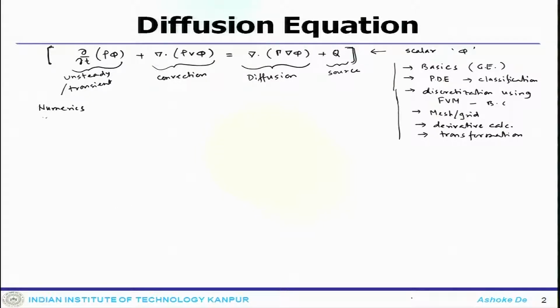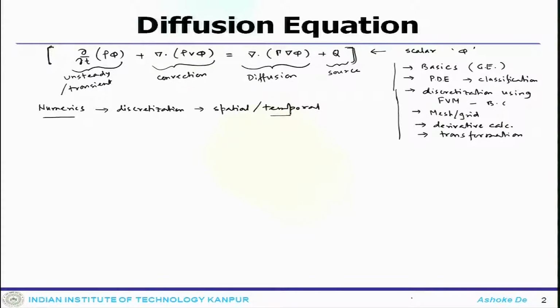Numerics essentially means the discretization, and this discretization could be spatial or temporal. When the governing equation has the unsteady term, the discretization also needs to account for temporal discretization, that means the order of integration for that transient term.